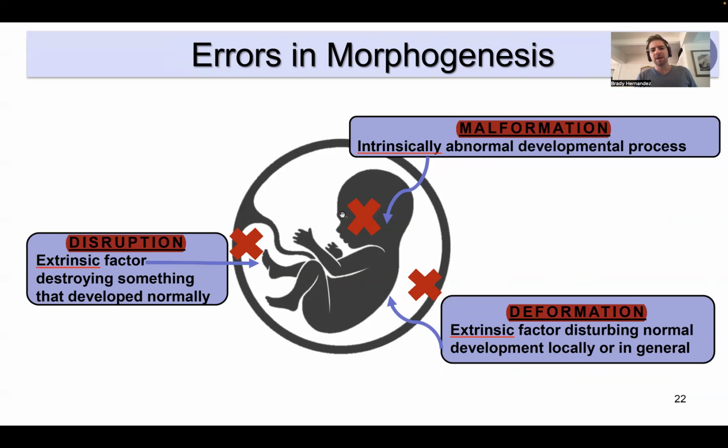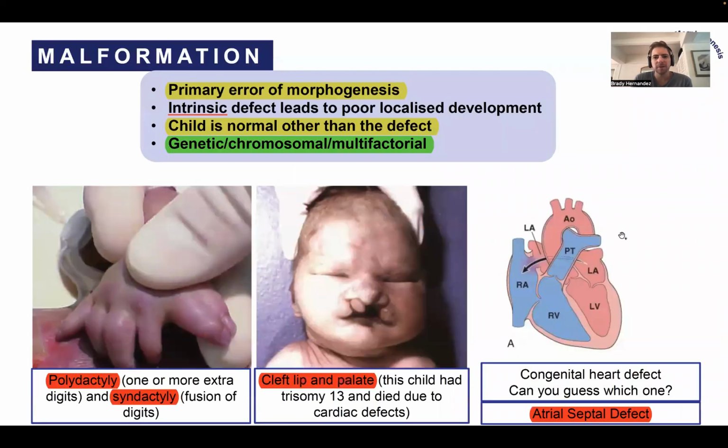Malformation is intrinsic, so it's a problem with the developmental process. Disruption is an extrinsic factor destroying something. I think the one they use for that is a fibrotic band that wraps around and pinches off the blood flow to the arm, and you can get loss of a limb that way.